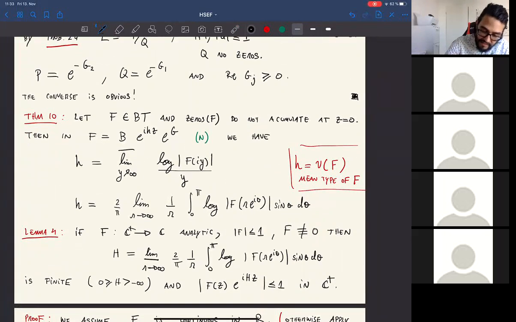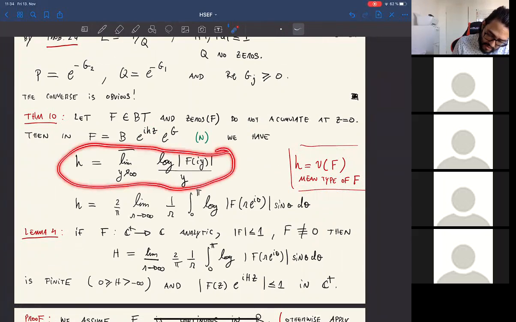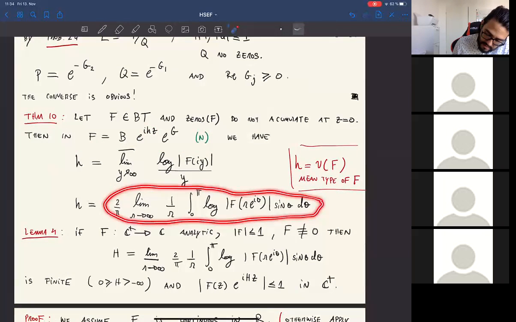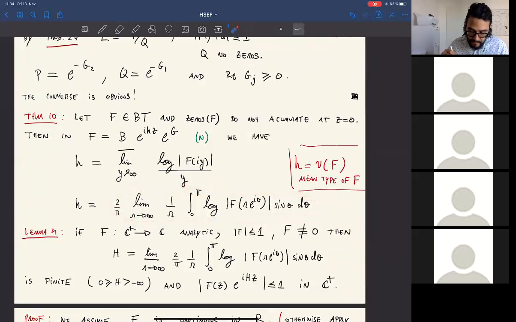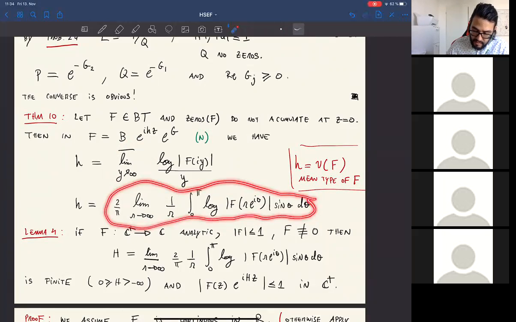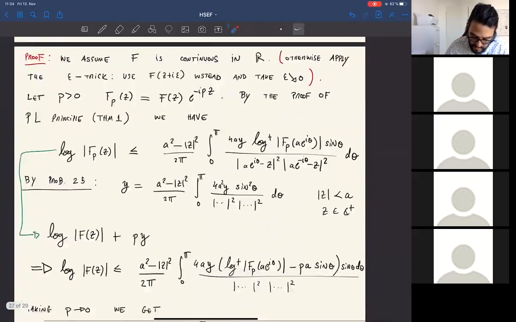Whenever we have a function of bounded type, no zeros accumulating at the origin, then you can compute this H here in the factorization, which is called the mean type of a function, as a limit in the imaginary axis or as an average limit on arcs. In the imaginary axis, we have to take the lim sup, but in here, it's actually the limit.